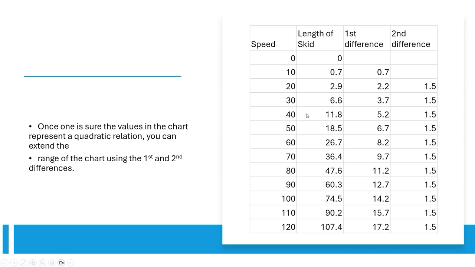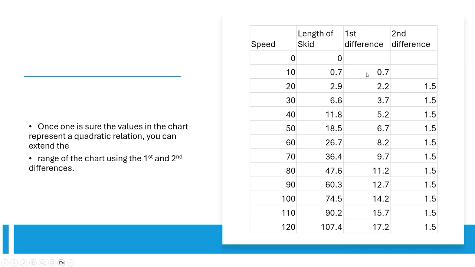This little chart here is just an extension of the previous chart. We were told a bunch of values, and I believe it went up to about 90 kilometers an hour, indicating that the length of the skid would be about 60.3.